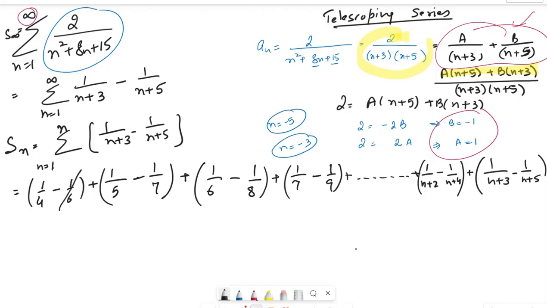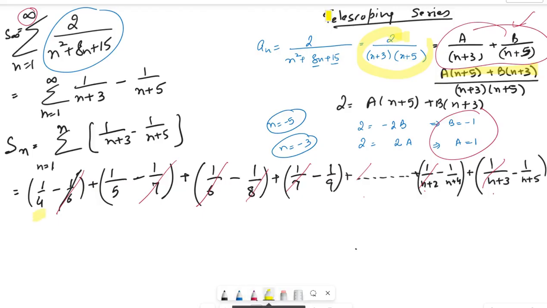You notice this 1 by 6 and this 1 by 6 cancel because they are equal and opposite. This 1 by 7 cancels. So there is a pattern here. Somewhere 1 by 8 is going to cancel with the next term, and so on. All the terms are going to be cancelled with some previous term.